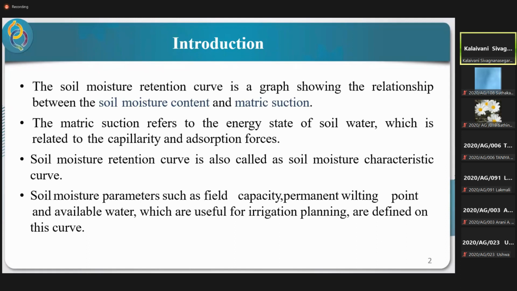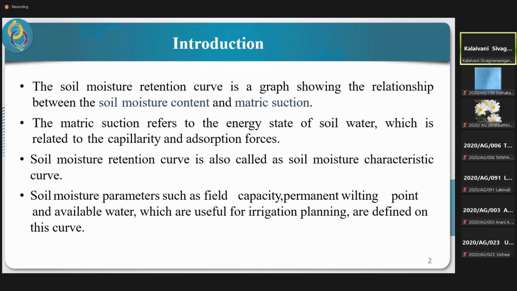Here, you're just going to draw a graph of matric potential against soil moisture content. We can define matric suction as the energy state of soil water. It is the basic energy of the soil water, related to capillarity and adsorption forces.